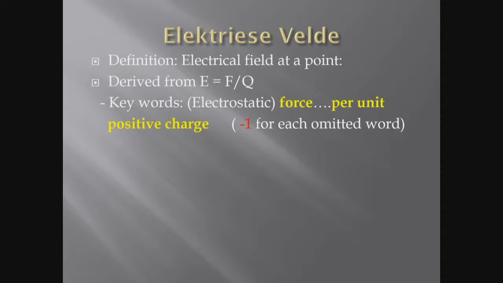For each word omitted in this definition, there's 1 mark subtracted, and therefore if you omit 2 of these keywords, you get 0 for the definition. So unit charge, very important, and the positive charge, because the direction of an electric field is determined by the fact that the definition states it's the force experienced per unit positive charge. So all these words, force experienced per unit positive charge, are very, very important.